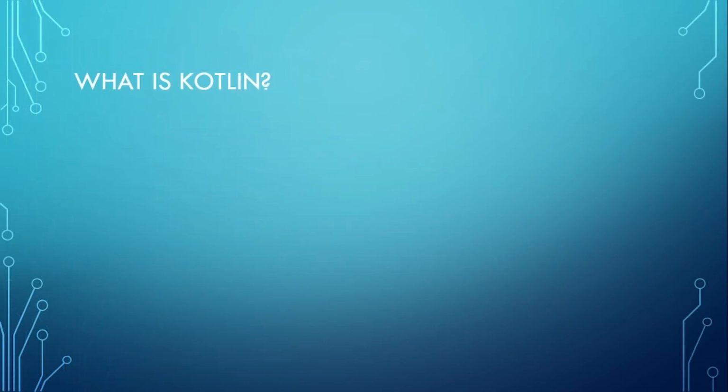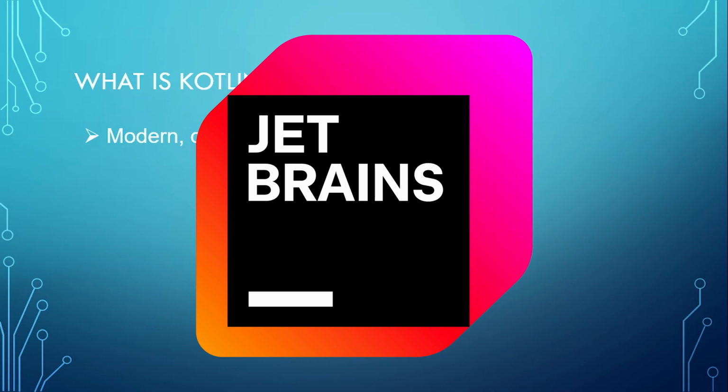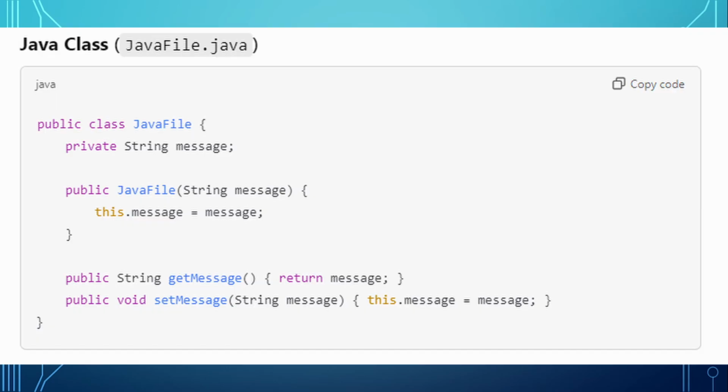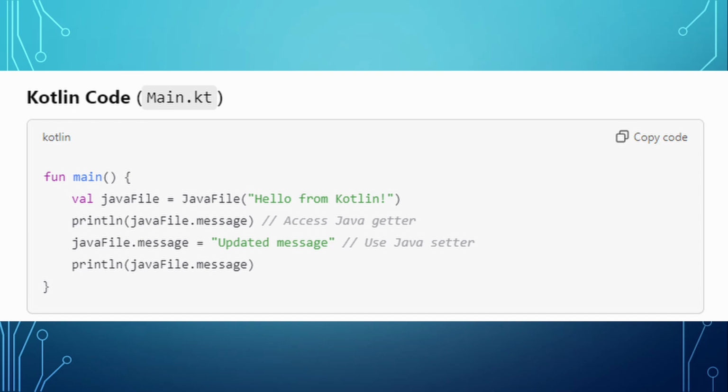So what is Kotlin? Kotlin programming language is modern programming language created by JetBrains. It is concise and safe programming language, and it is interoperable with Java programming language, especially for mobile application development.